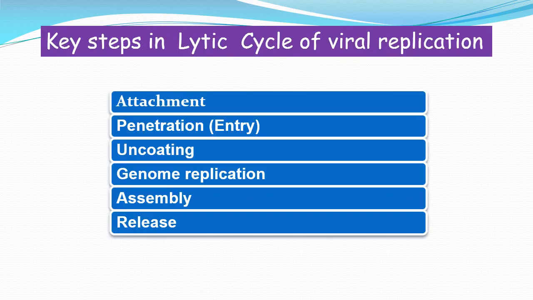The key steps in the viral replication cycle are: number 1 attachment, number 2 penetration or entry, number 3 uncoating, number 4 genome replication, number 5 assembly, and number 6 release.